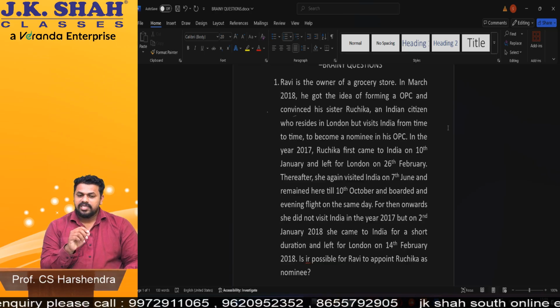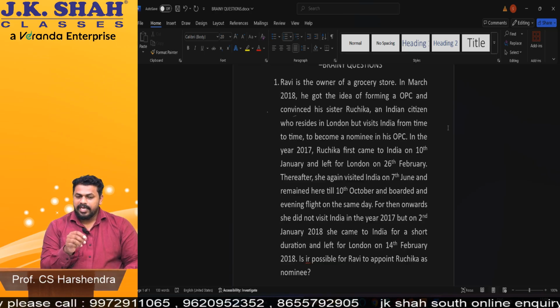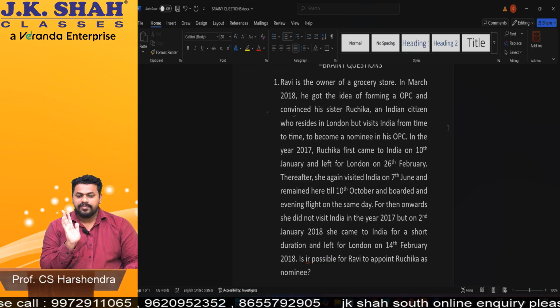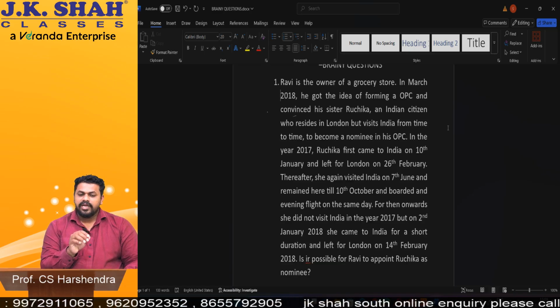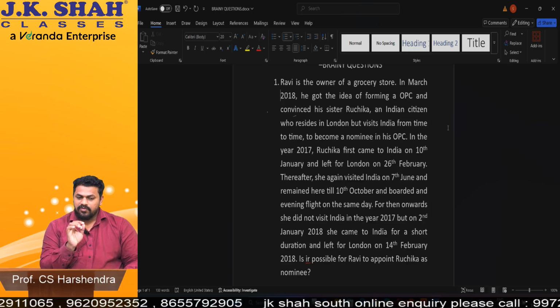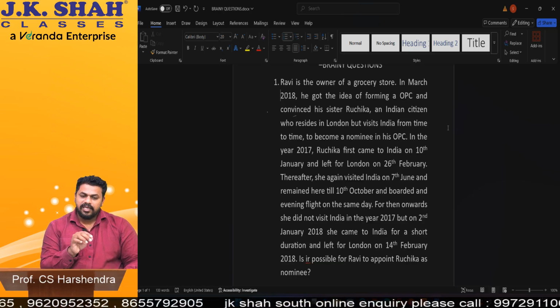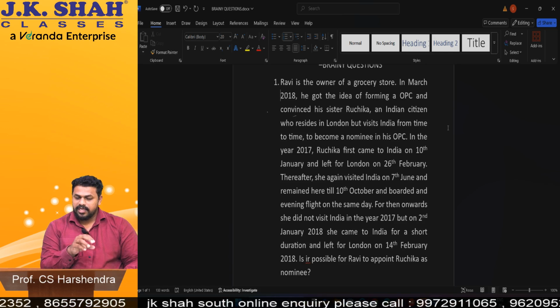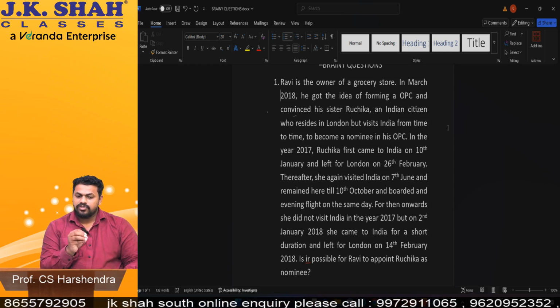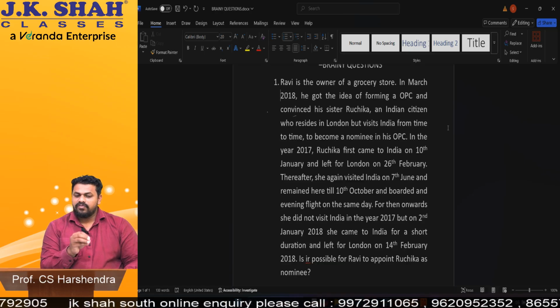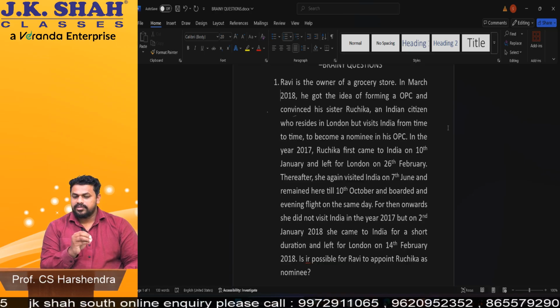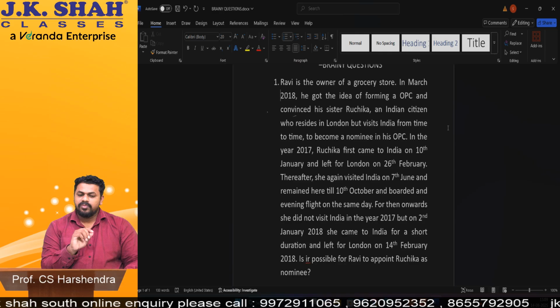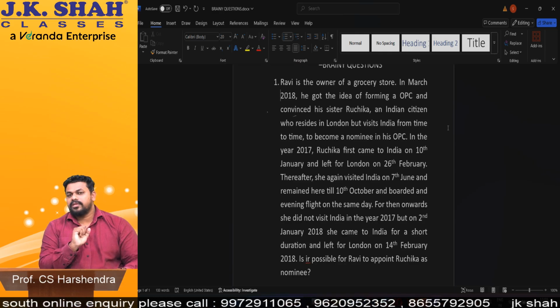Thereafter, she again visited India on 7th June and remained here till 10th October and boarded an evening flight on the same day. From then onwards, she did not visit India in the year 2017. But on 2nd January 2018, she came to India for a short duration and left for London on 14th February 2018. Is it possible for Ravi to appoint Ruchika as nominee?